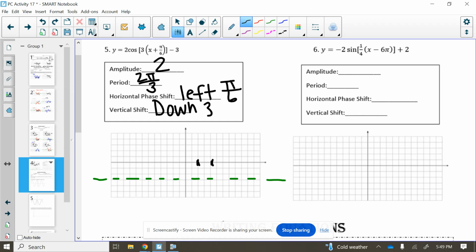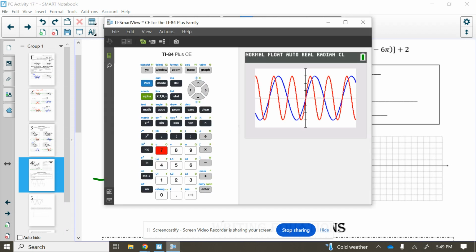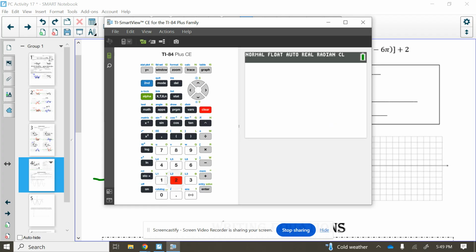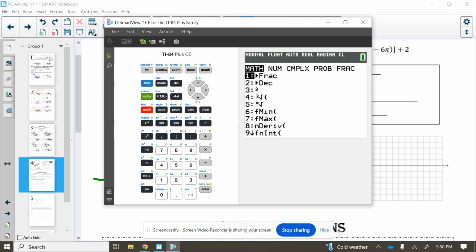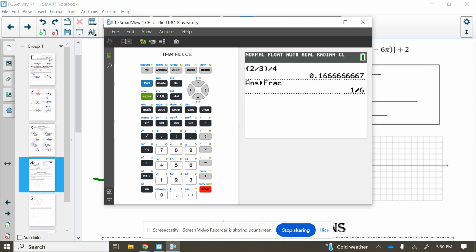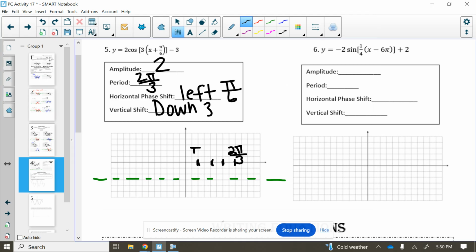So this time it's kind of a tricky one because 2 pi over 3 is going to be the time it takes to make one cycle. So think about if we took 2 pi over 3 or 2/3 and divided it by 4, each of our pieces is going to be going up by pi over 6. So we have 1 pi over 6.